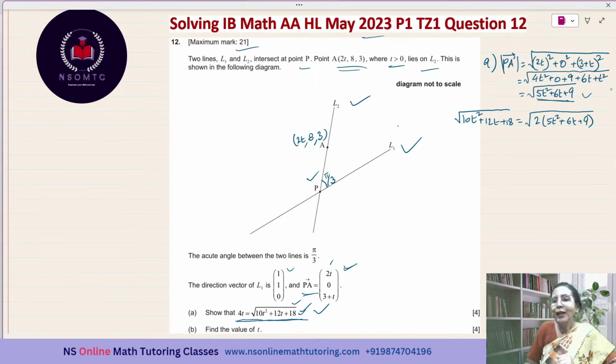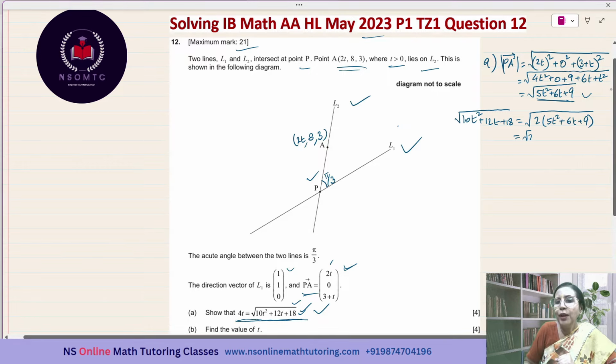I can separate this 2, so this is equal to the square root of 2 and the square root of 5t square plus 6t plus 9.